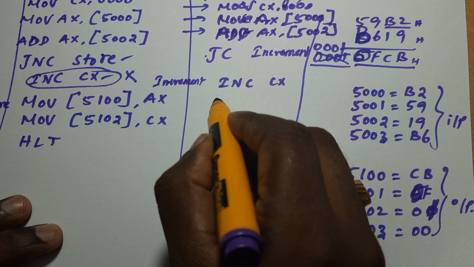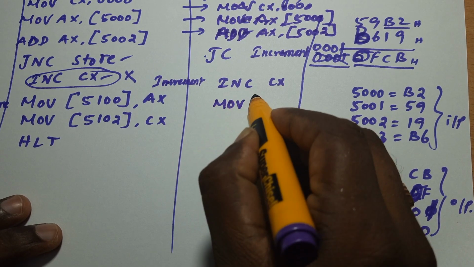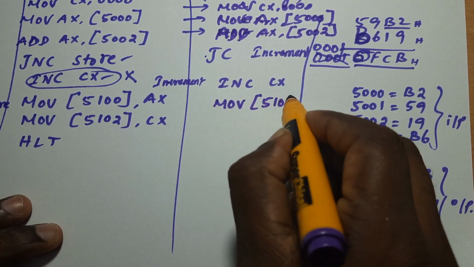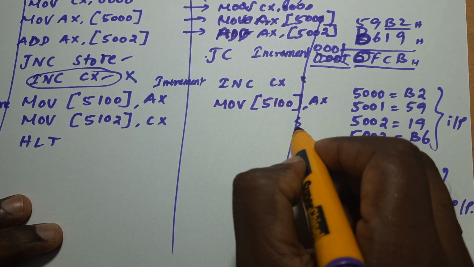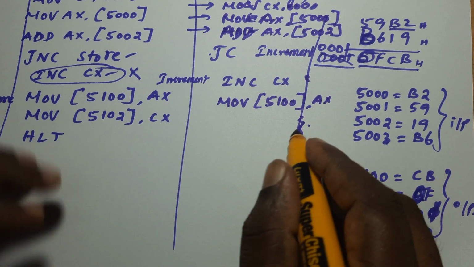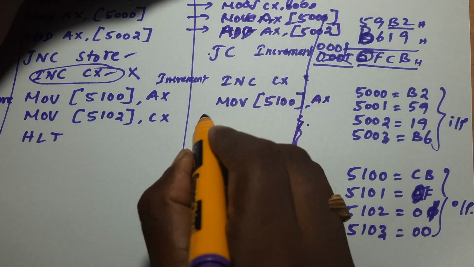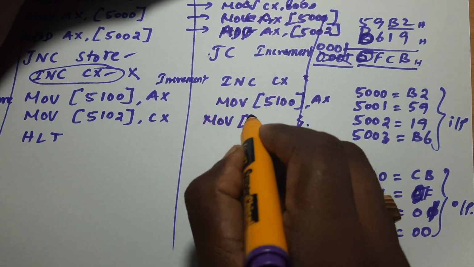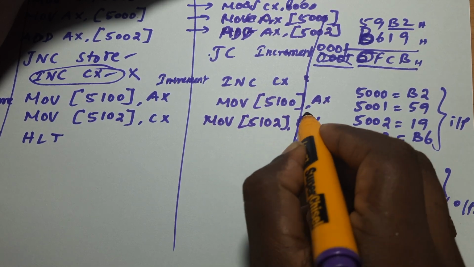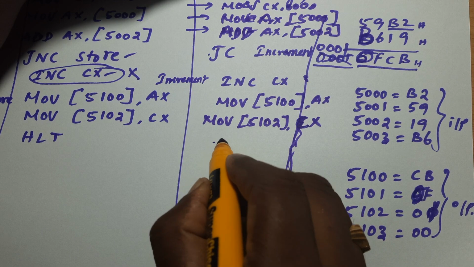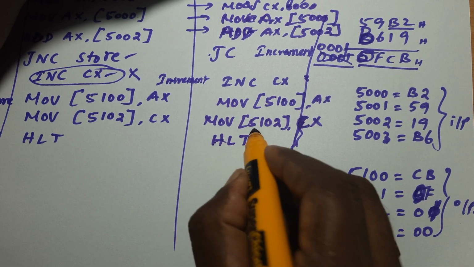We need to store the result. So move the AX value into 5100, and then next move 5102, CX, and then halt.